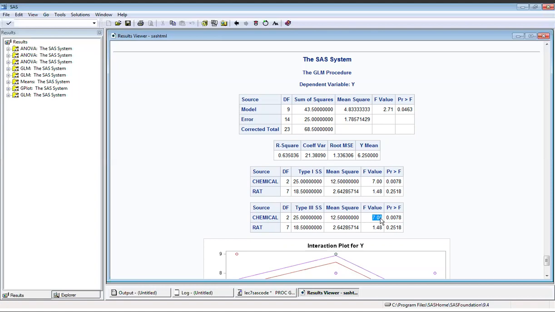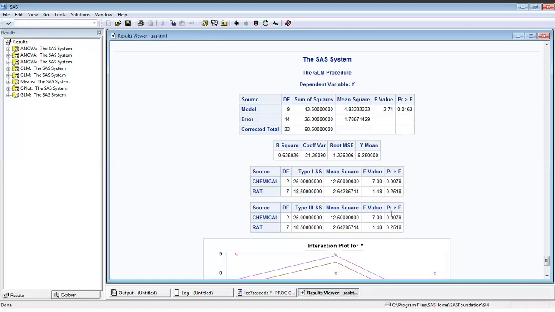And this happened to give an F score equal to 7, exactly 7. And then the p-value is based on the F distribution with 2 degrees of freedom. The degree of freedom for the numerator is 2, and the degree of freedom for the denominator is 14. And based on that, at the 0.05 test level, we got the p-value equal to 0.0078.